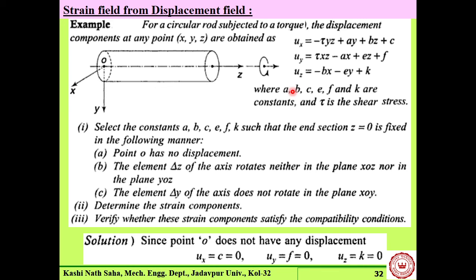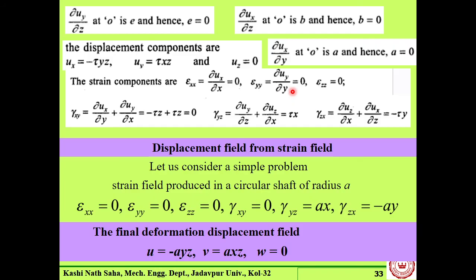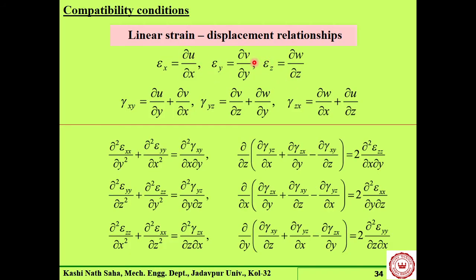So this strain field is related to the displacement which is producing the strain. So the resultant strain values cannot be arbitrary. If we note down those relations, these are the strain displacement relations which a given strain field has to satisfy. This is clear?